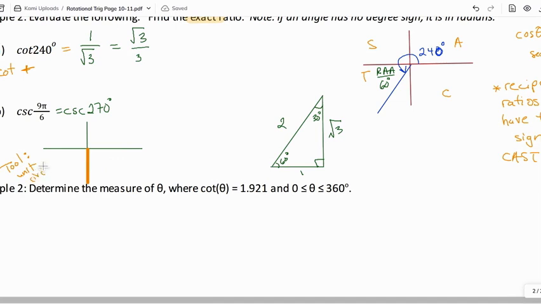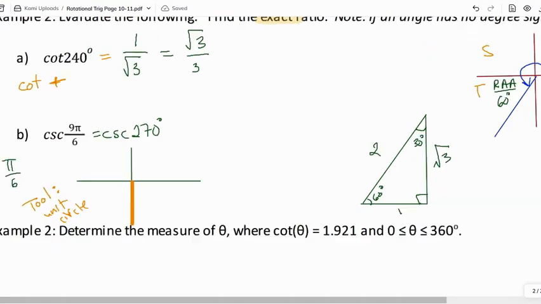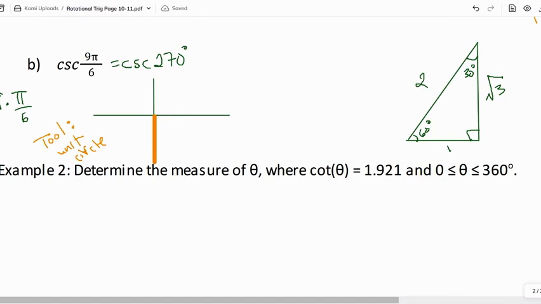Now, I'm not going to actually turn to the unit circle. I'm going to show you what I do to figure it out, because it's better to memorize how to do it as opposed to memorizing the entire circle. We take a point on the terminal arm.